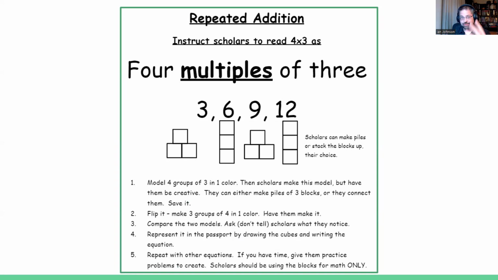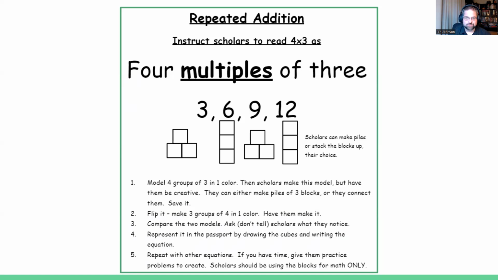It's 3, 4 times, right? This is the crux of what multiplication really is. If you have a problem like 4 times 3, you're going to have them take 4 groups of blocks and actively represent it. You can have them put it together or leave them in a pile, depending on what you have time for. Then they count the number of blocks they have in total to get the answer.